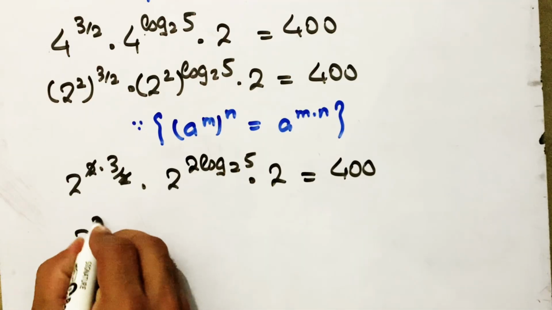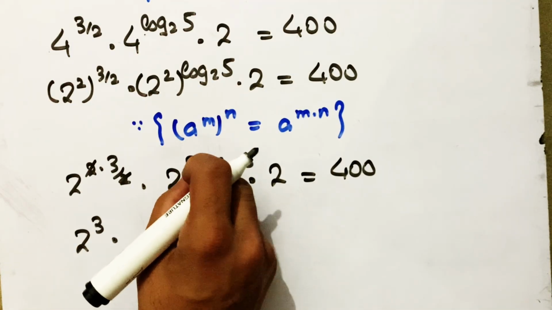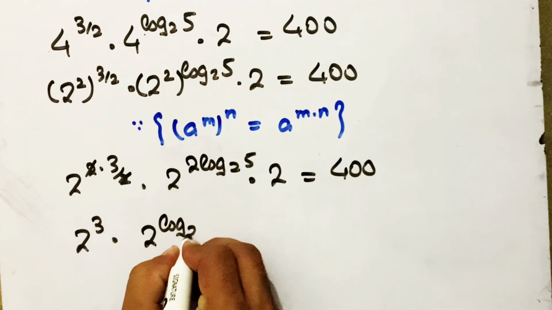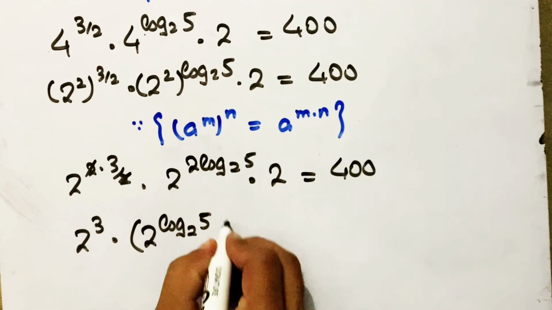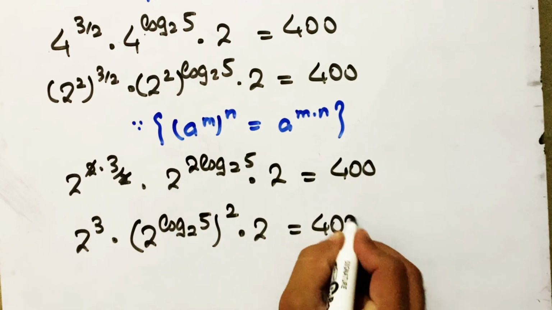So 2 to the power of 3 into 2 to the power of log base 2 of 5 whole squared, into 2, equals 400.